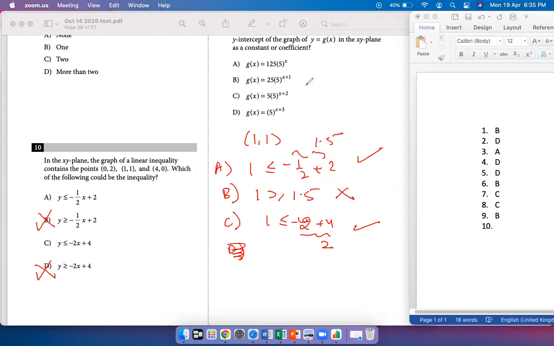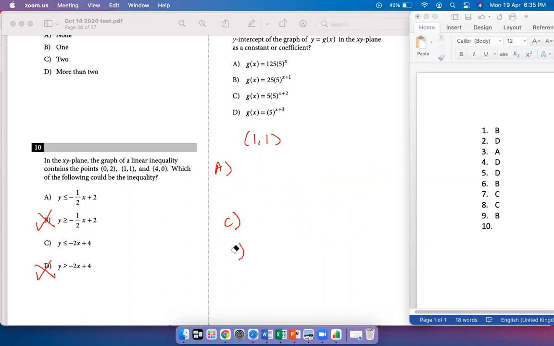Now we use the third one to eliminate the final one. So between A and C is what we have to find out, right? Okay, so let's do that. (4, 0). So 0 is less than or equal to -2 plus 2, which is 0.